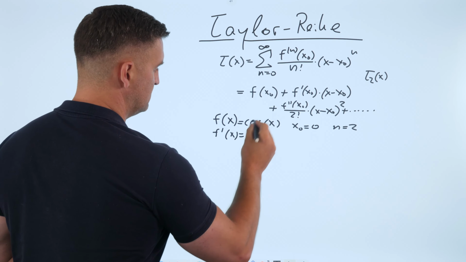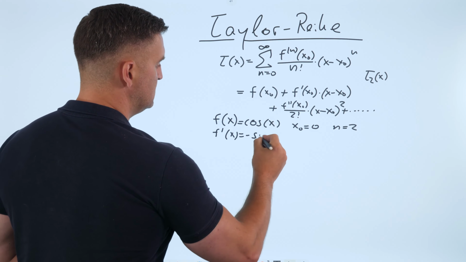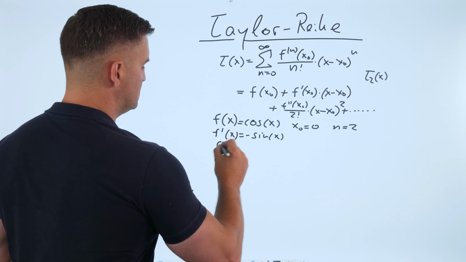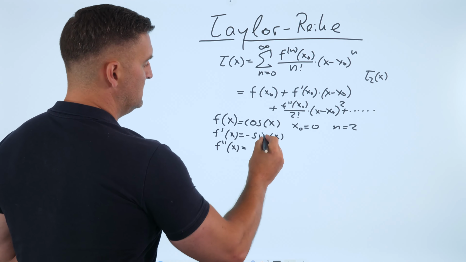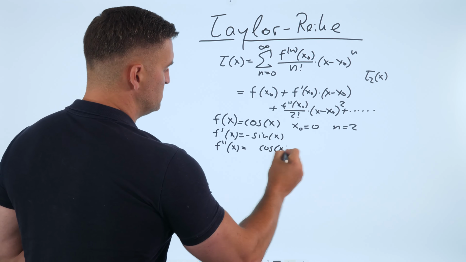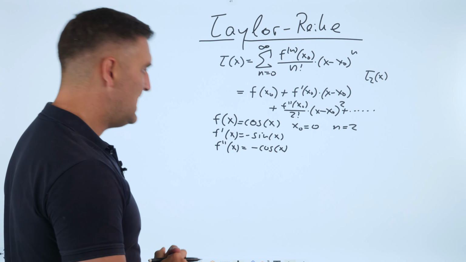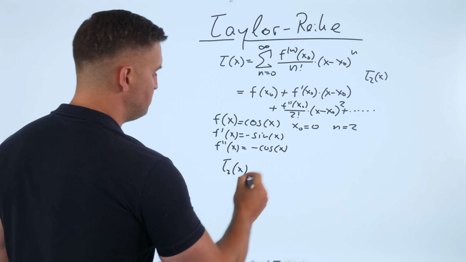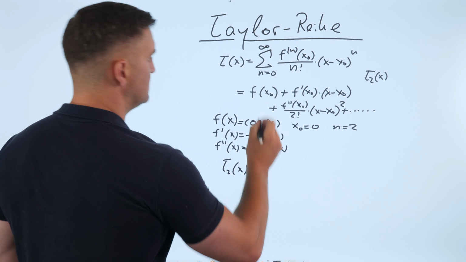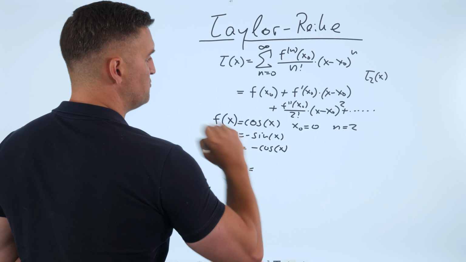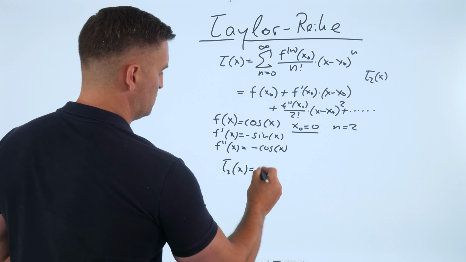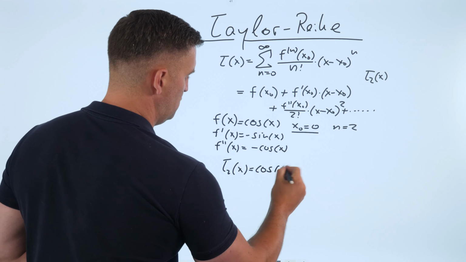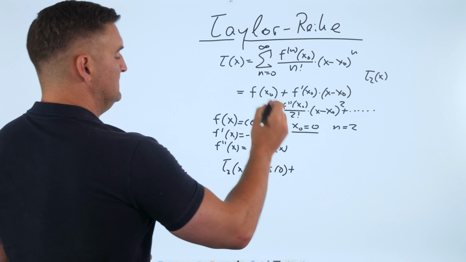f prime of x is, well, the derivative of cosine is minus sine x. The second derivative, the derivative of sine, is cosine, and the minus stays. And now we can specify T2 accordingly. That would be plugging x naught into the original function, so cosine of 0, plus, then plug in 1.